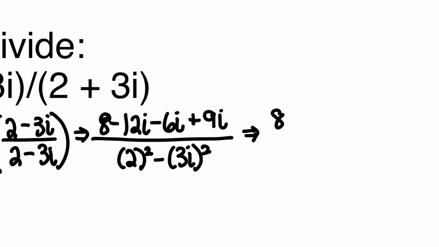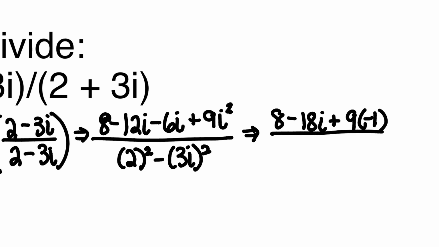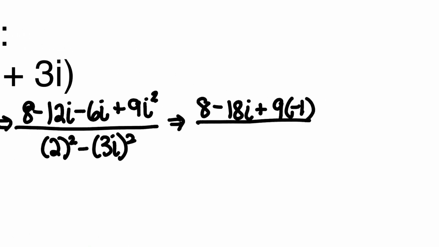Combining like terms will get us 8 minus 18i plus 9 times negative 1. Now in the denominator we'll have 4 minus 9i squared. Just a reminder, i squared is negative 1.